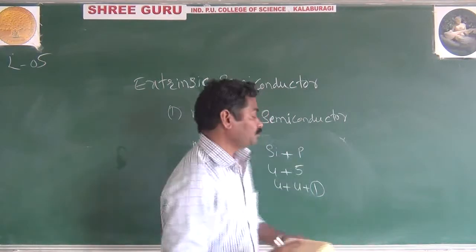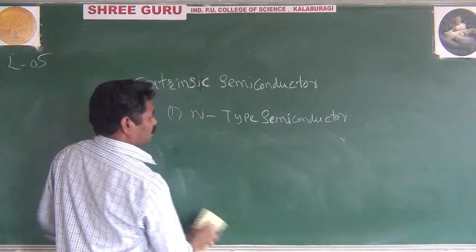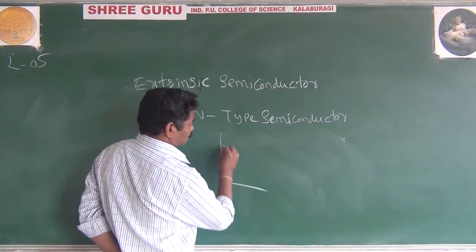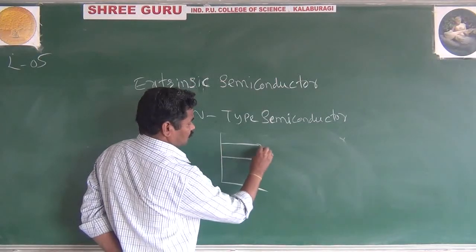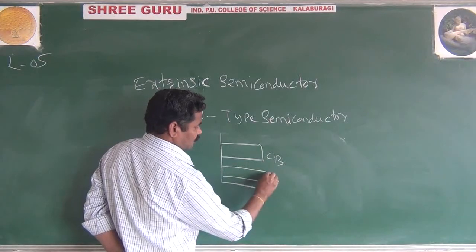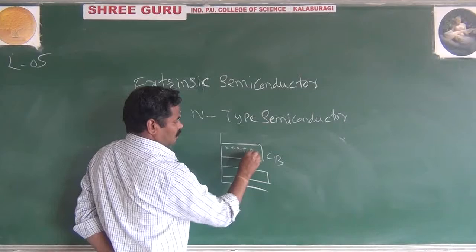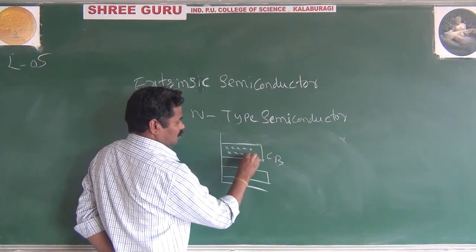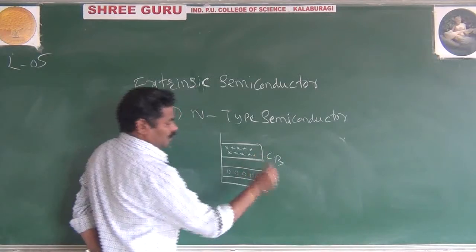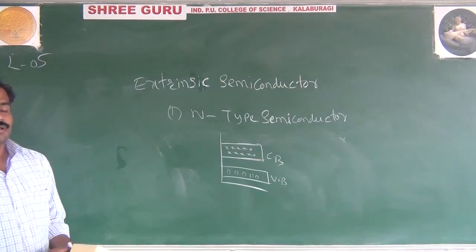If you draw the energy band diagram of the N-type semiconductor, this is the conduction band and this is the valence band. The important thing is that here you have more electrons, and only a very small number of holes, as the holes are in the valence band.